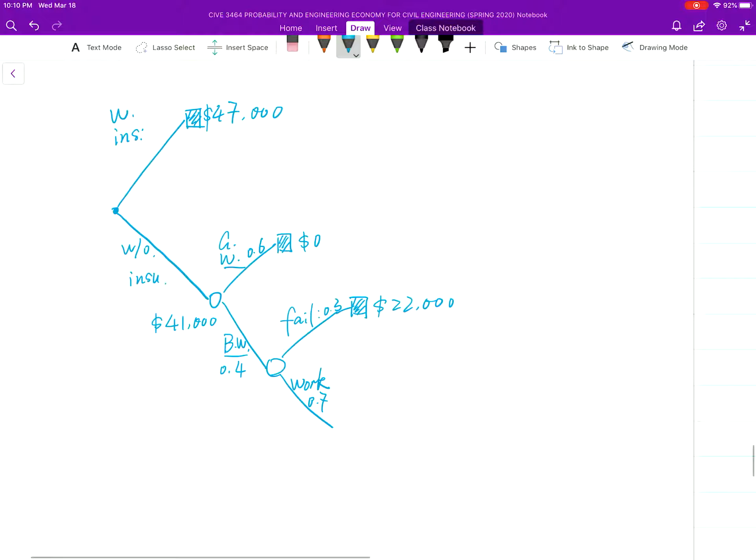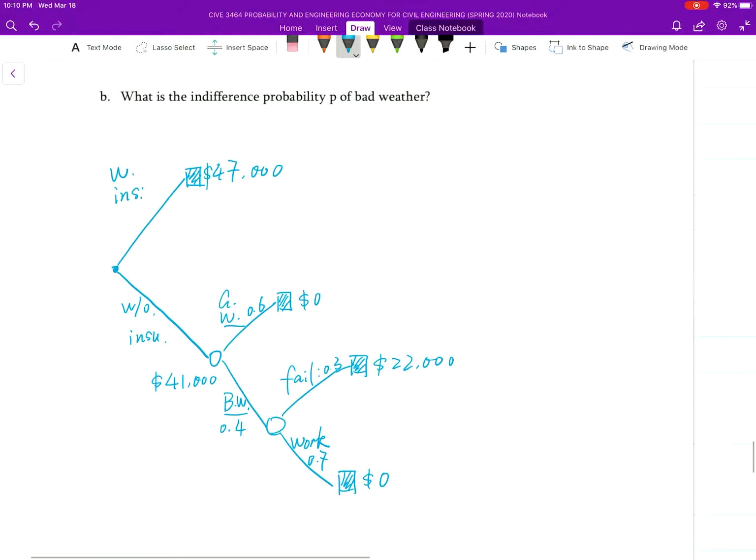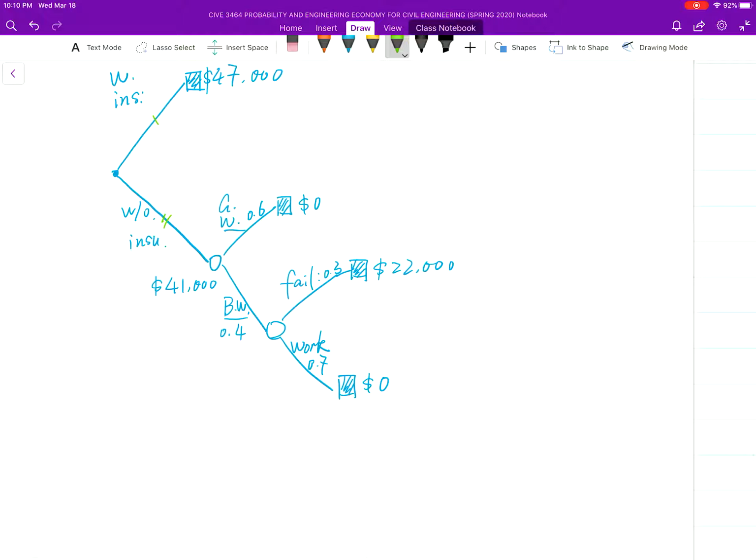If nothing happens, the cost is zero. And that's how we calculate this. Basically, we are trying to compare the two decisions, to see which one is more optimal.